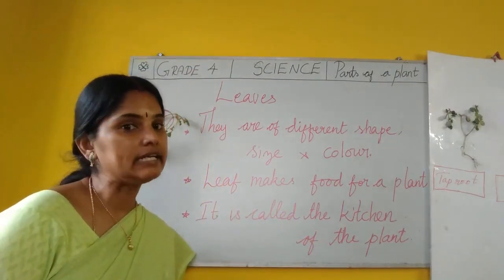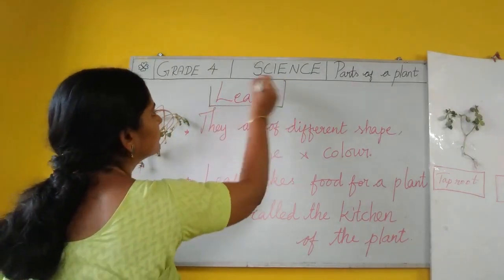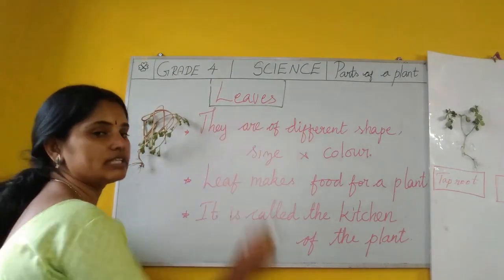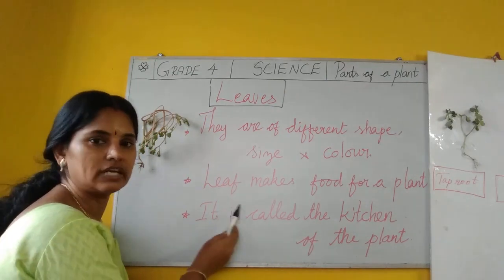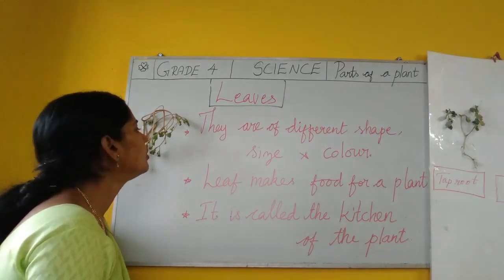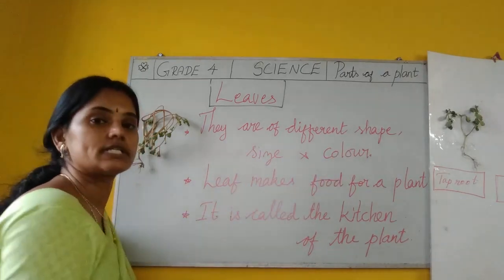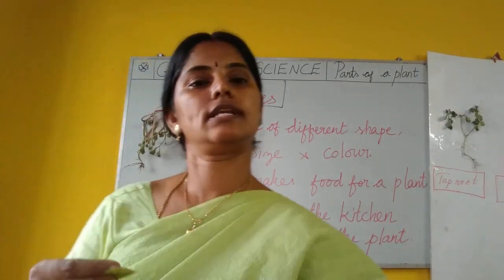Look, children, leaves. Leaves is plural. If it is singular, it is leaf. Clear, children? They are of different shape, size and color. See, look at this leaf.